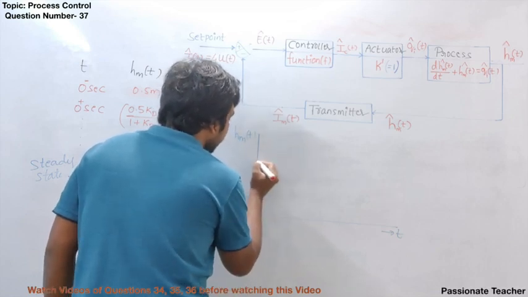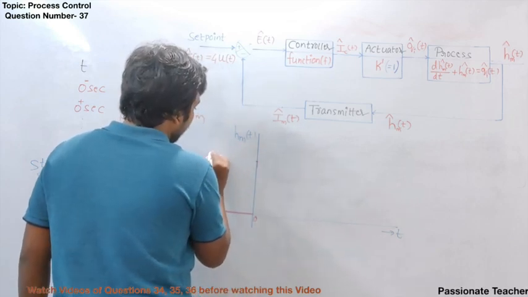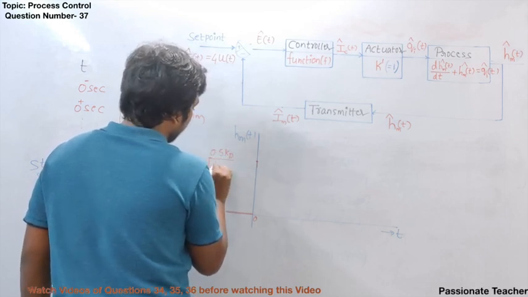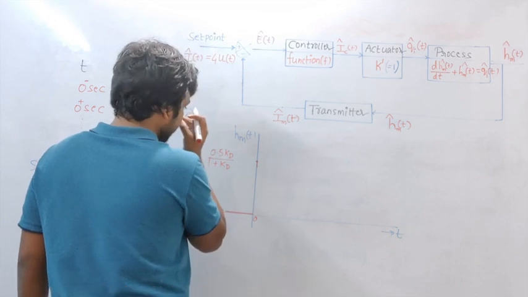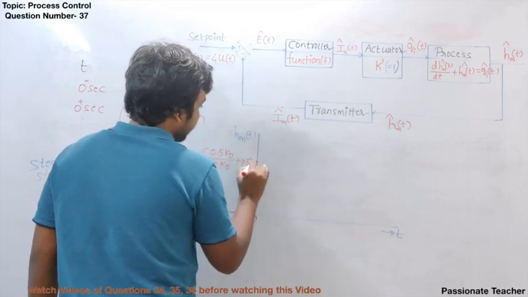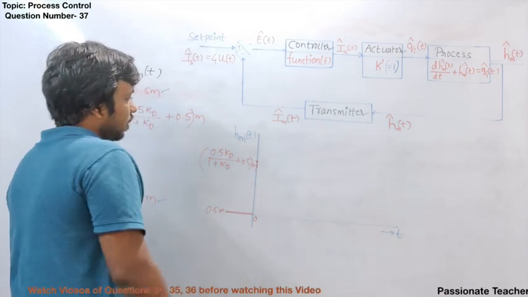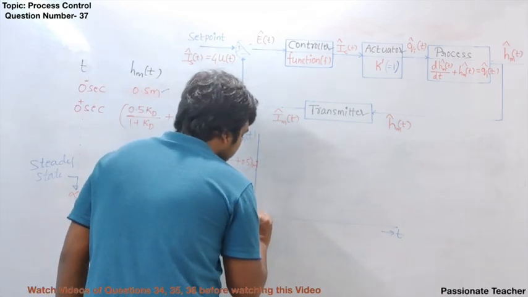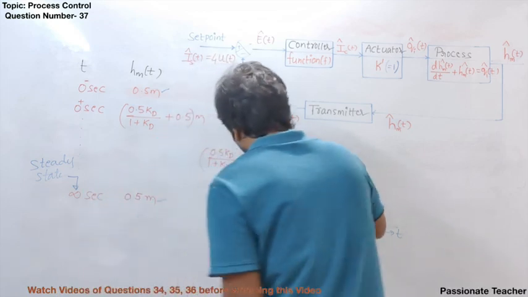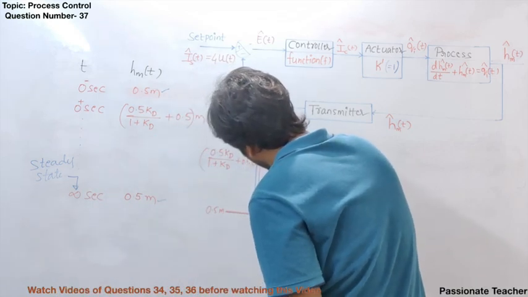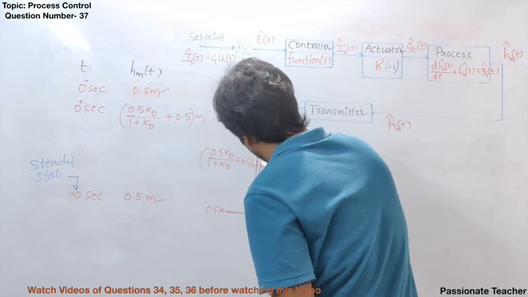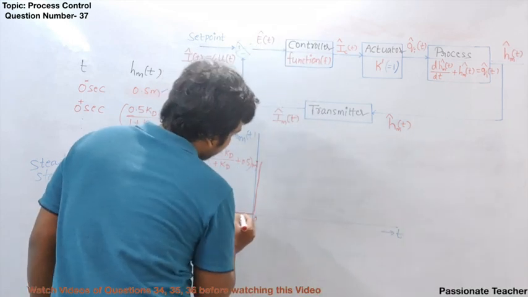This value is going to be 0.5 kd by 1 plus kd plus 0.5 meters. The crazy thing here is it changes very fast. Rapid response will be there, like this.